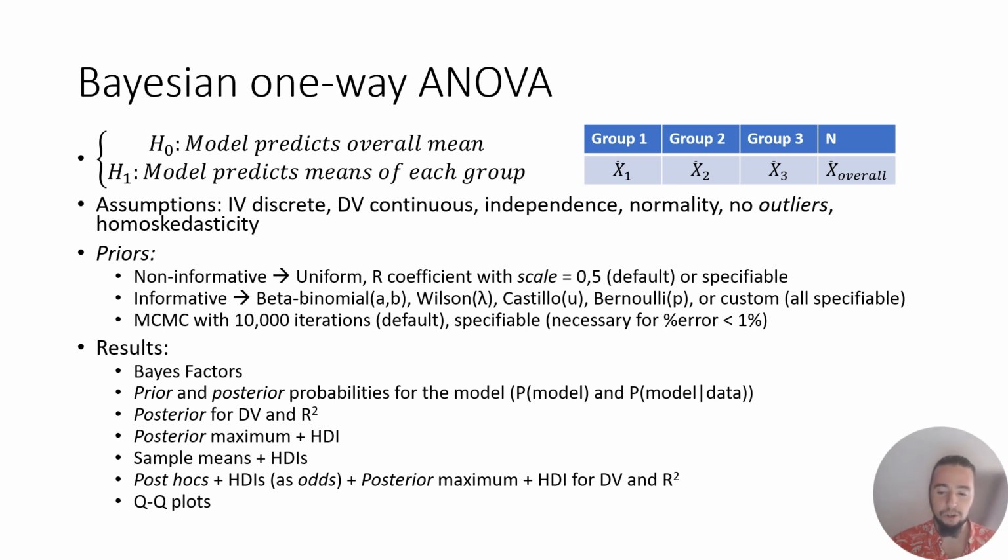This R squared is also going to have a posterior distribution with a credible interval. And also, we will describe the specific means with their credible intervals and their posterior distributions for each one of them. And finally, we can do some post-hoc comparisons, which will show differences regarding the overall model with their own posteriors, credible intervals, and R squared. And finally, for assumption checks, we can have some raincloud plots.